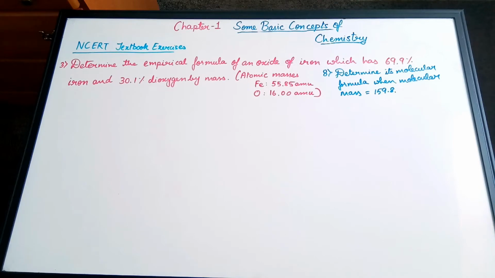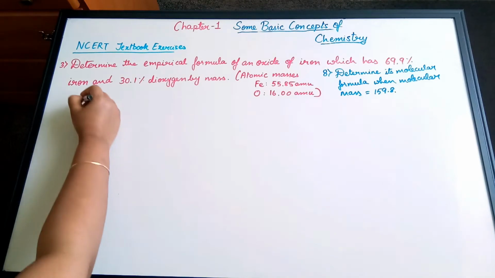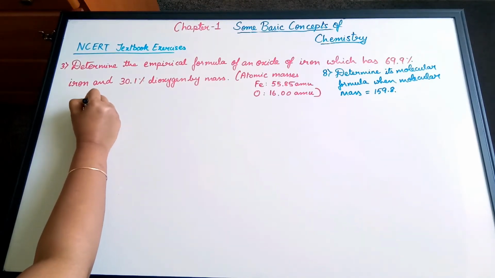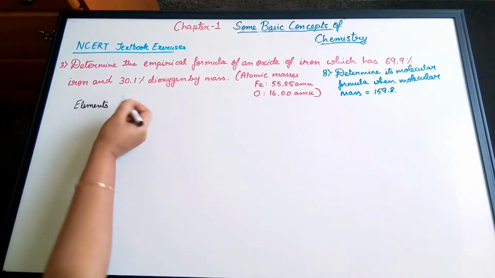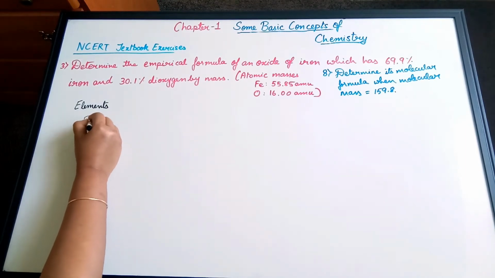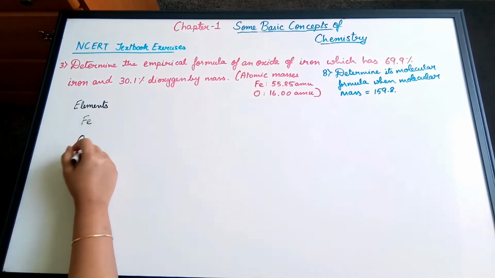Question 3. Determine the empirical formula of an oxide of iron which has 69.9% of iron and 30.1% of dioxygen by mass. We've been given the atomic masses of these two elements. So let's start. You have two elements, that is iron and oxygen.